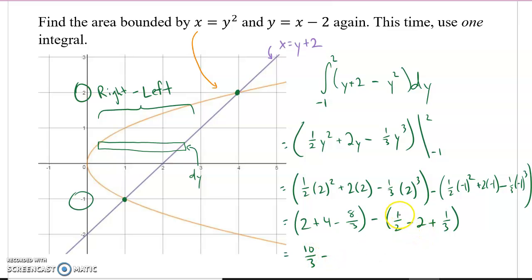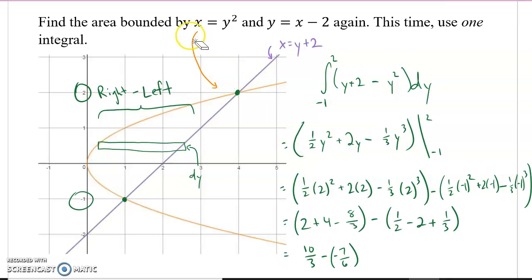Here I'll write this one out: 3/6 minus 12/6 plus 2/6 is 5 minus 12, which is -7, so minus negative 7/6. I think I did that right. Let me double check. Negative 9 plus 2 is negative 7. That seems correct to me.